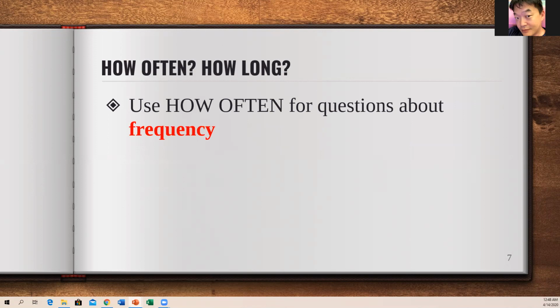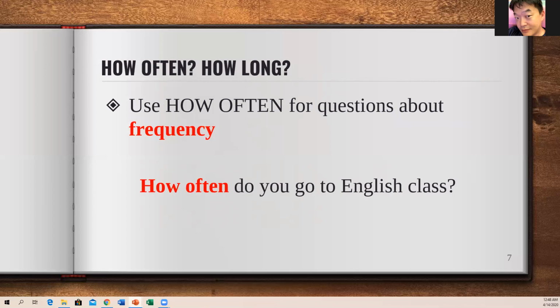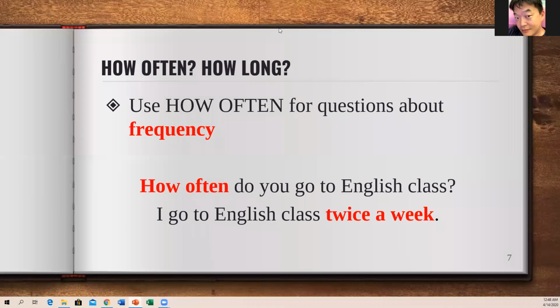You use how often for questions about frequency. How often do you go to English class? I go to English class twice a week. Important thing I want you to remember, I emphasize this today. You don't have this in your book, but you have to notice this, okay?